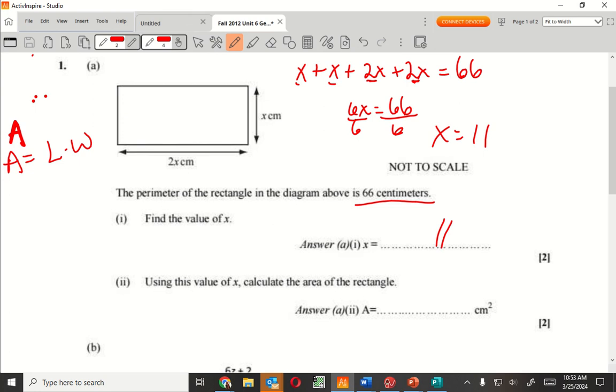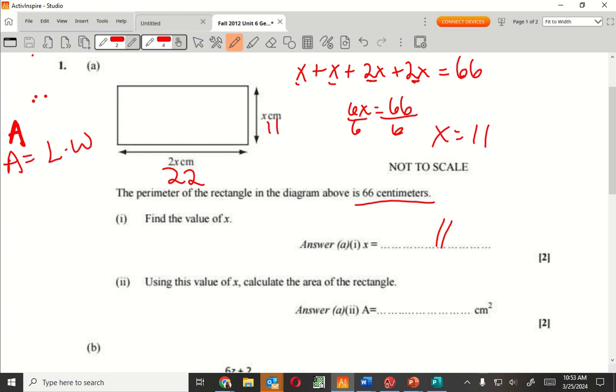Okay, so if x is 11, what's this one down here on the bottom? It's 22. 11 times 2 is 22. And this one over here, x is just 11. And to find the area, it would be 22 times 11.